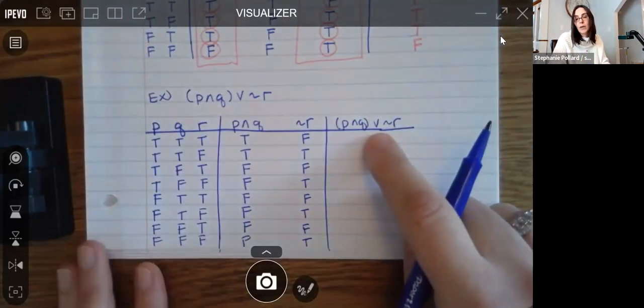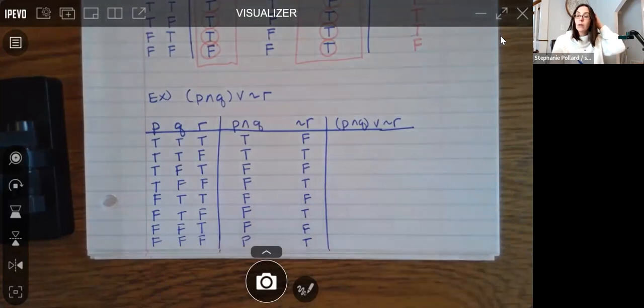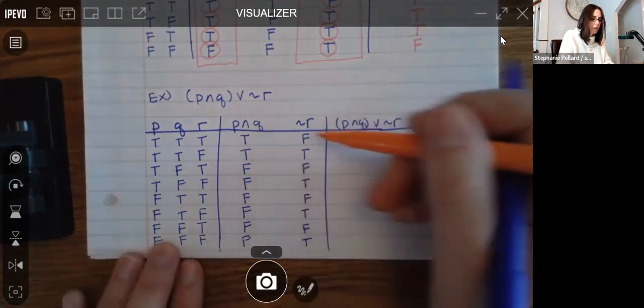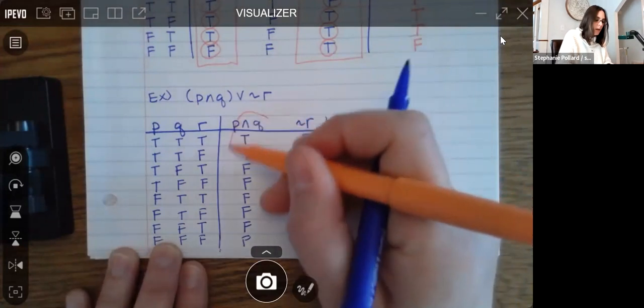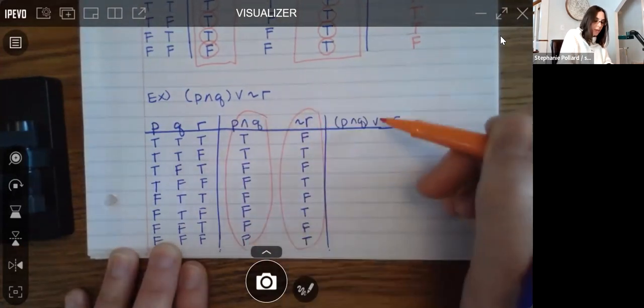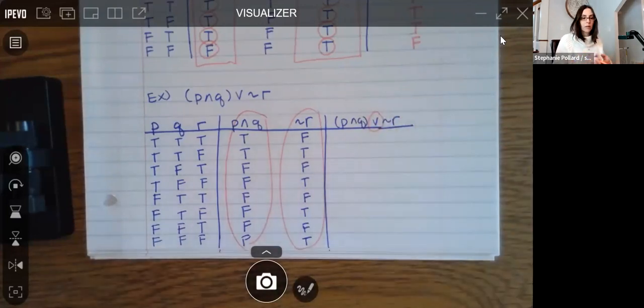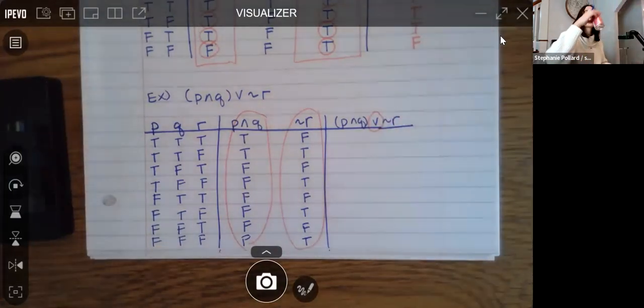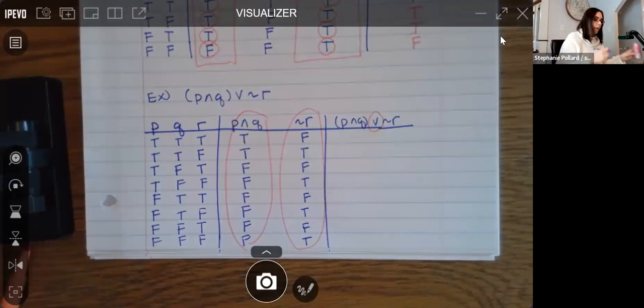Now for the or statements, just be careful. If it's an or, it means that as long as one of the parts is true, then the answer would be true, right? Now you don't have to always highlight. This one doesn't have too much going on, but if it helps you, you're looking at this column and this column. And then don't forget you're doing an or statement here. All right, so let's go down, and I'm just going to change colors here to make it a little bit easier.